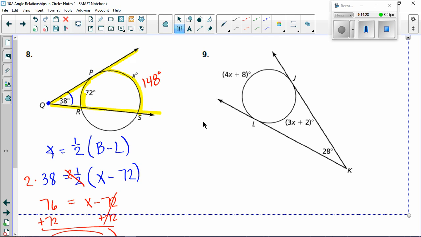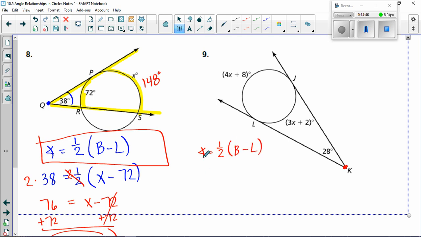So again, no matter what you do, if it's outside, just follow the pattern and plug everything in. The angle is equal to half of the big arc minus the little arc. Well, what is our angle? It is 28. So it's equal to half the big arc. If you're not sure, trace your angle so you can see which two arcs are between.